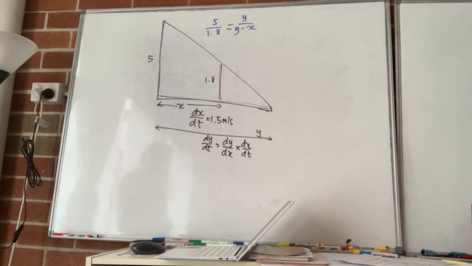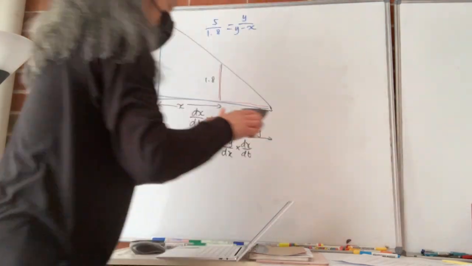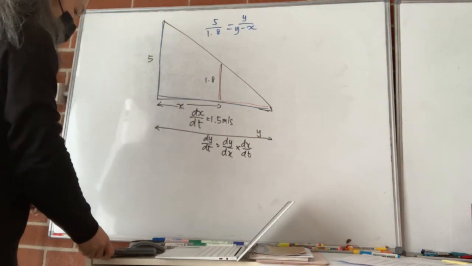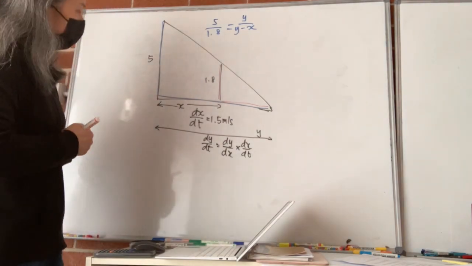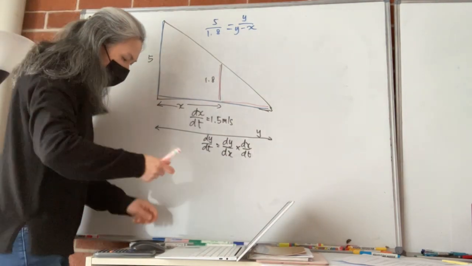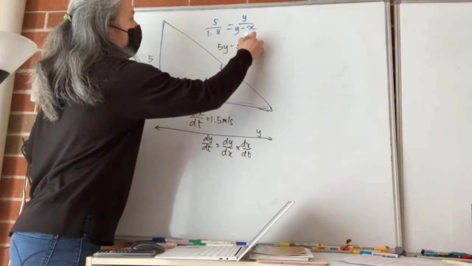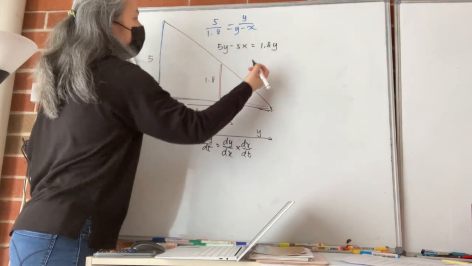Rearrange and simplify. Does 5 over 1.8 give you a good number? Not a nice number, but you can write it as a fraction or leave it as it is. So you have 5y minus 5x equal to 1.8y.